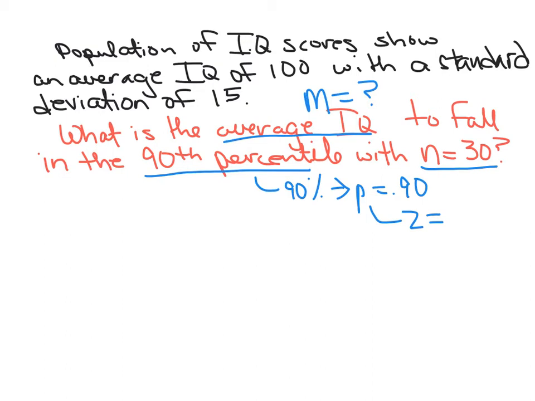So look in the tail, the area beyond Z in tail, which is that column C, and find 0.90. Let's see. I'm looking here for it. Oh, sorry, not 0.90, 0.10, because, I'm sorry, let me re-explain that.